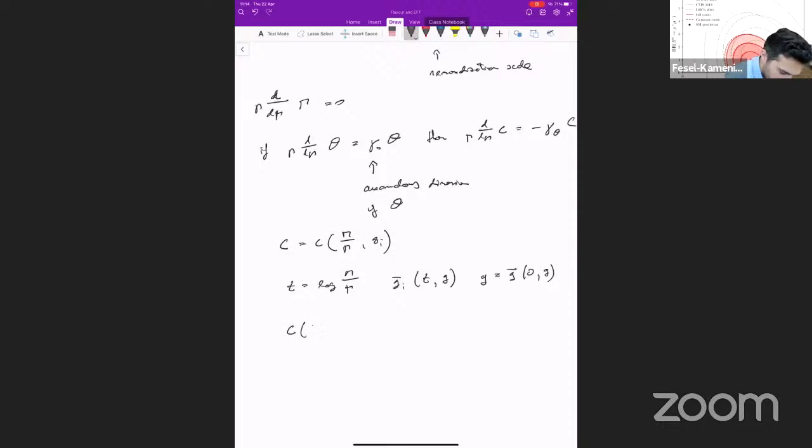One can show that C of t and g, at any scale mu, will be given by C of 0, so the Wilson coefficient at the scale m, and the renormalized couplings at minus t, times a ratio of g prime at minus t over g prime at 0, to some power, let's call it d.